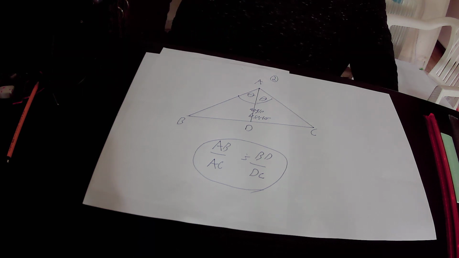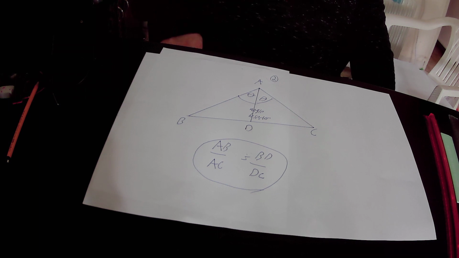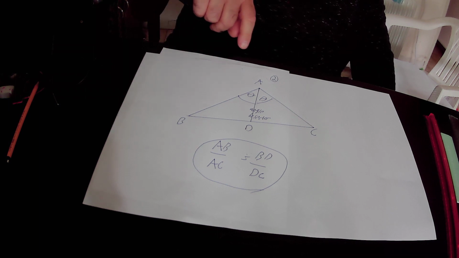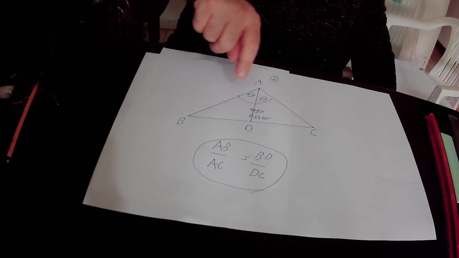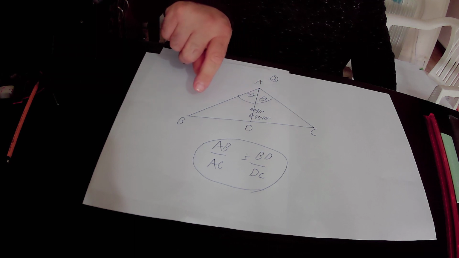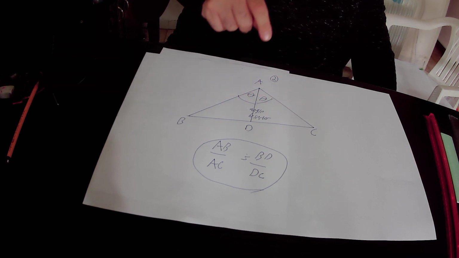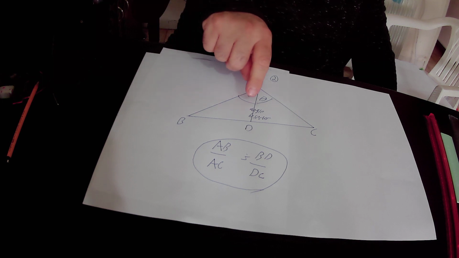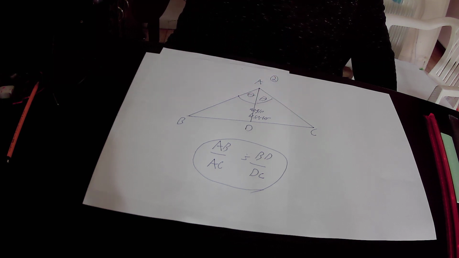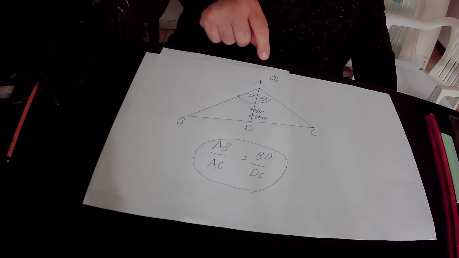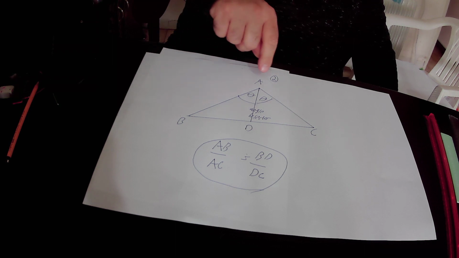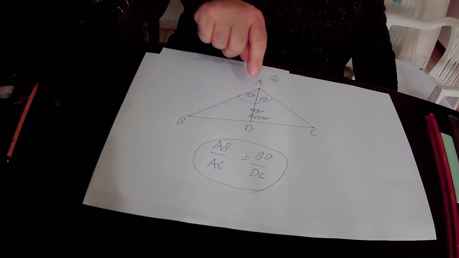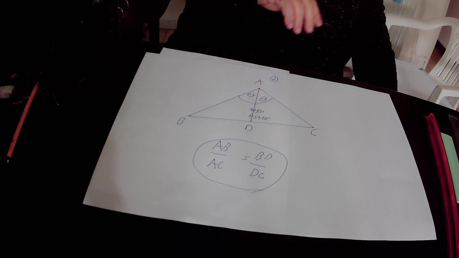So according to the angle bisector theorem, the angle bisector AD divides the side that it hits. Angle bisector AD hits side BC, and it divides it into two parts, BD and DC. The ratio between those two parts, BD over DC, equals the ratio between the angle's legs, and the angle's legs are AB and AC, so the ratio is AB over AC. So AB over AC will be equal to BD over DC.